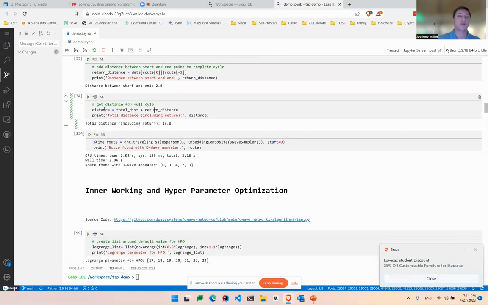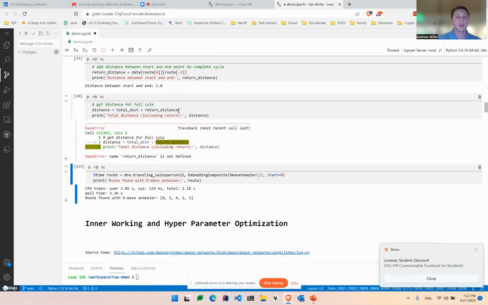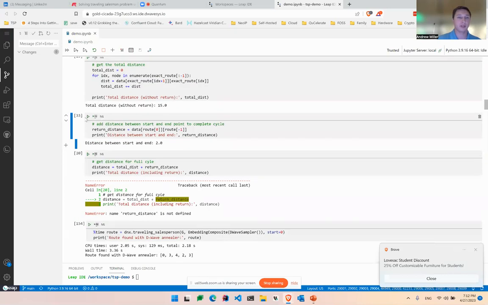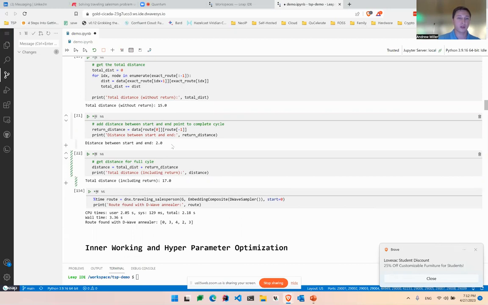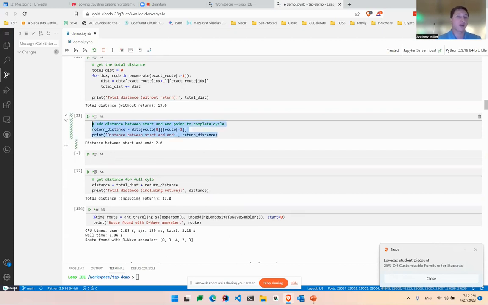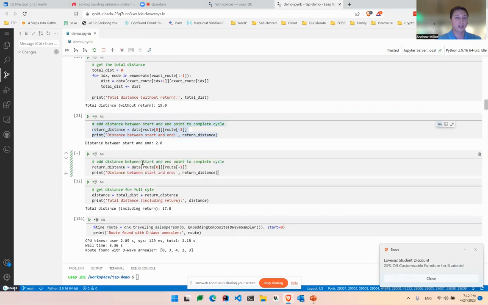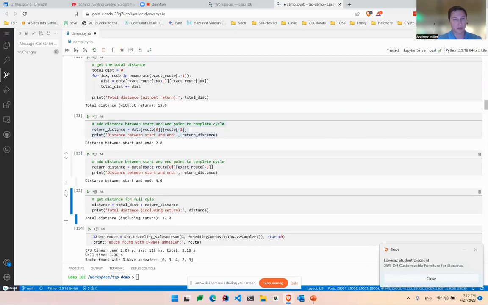So this is also including the return path, but I'd have to compute this. And so the distance between start and end, and then total distance. This is just for the simulated annealing, and I can reproduce the same for the exact solver. So let's see. And that should be, oh, that's interesting.